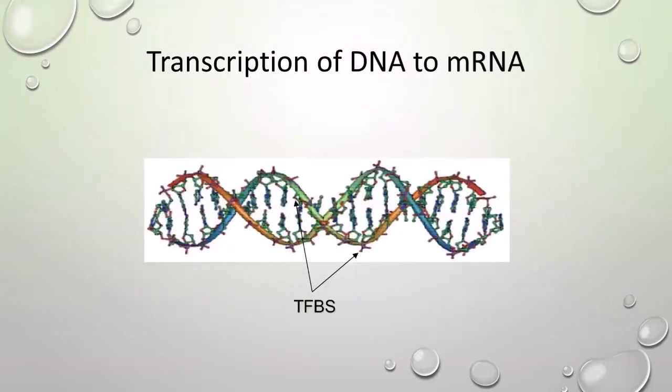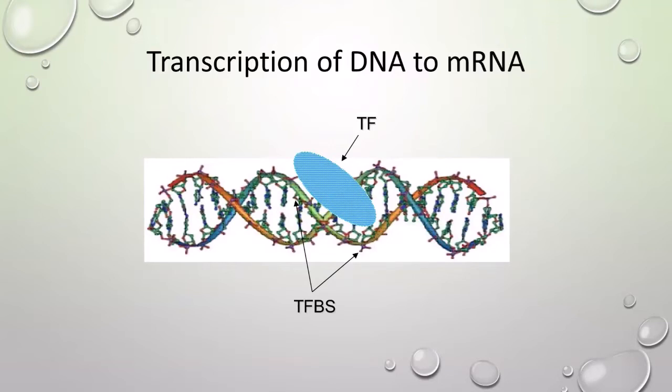So here's a picture of the DNA. The gene is downstream here, and here is a certain 6 to 8 letter sequence that is the transcription factor binding site. If the gene downstream is going to be transcribed, the first thing that happens is that a transcription factor will bind to the transcription factor binding site.